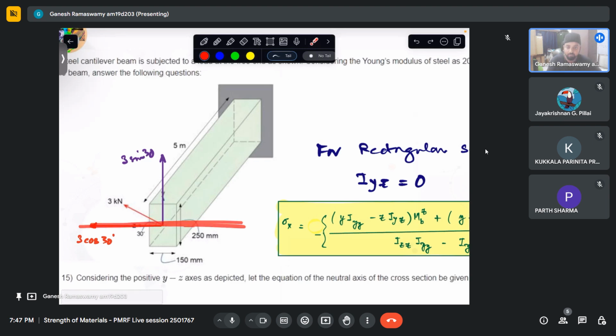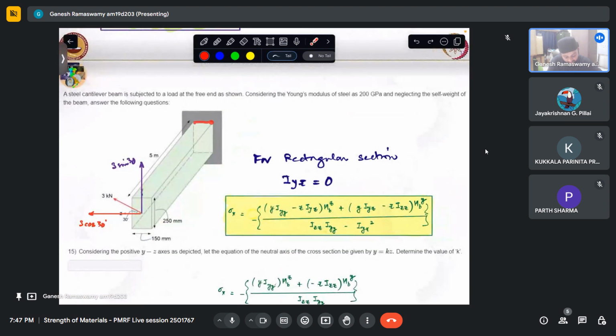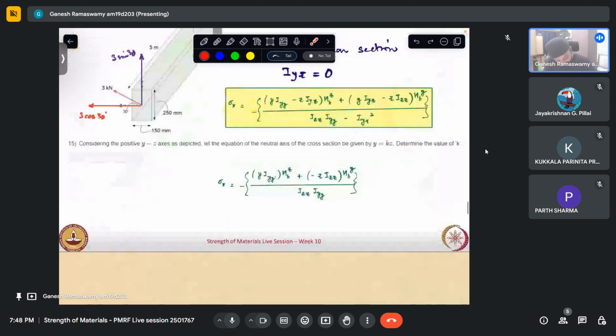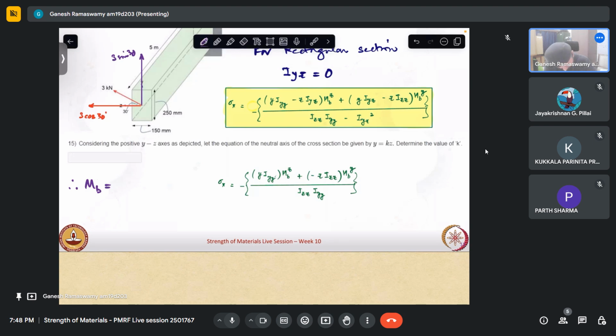So this will be about the z axis, and the maximum moment will naturally be at the fixed end. So what we need to do, this is the load at the free end, this is the length. So we just need to multiply this in order for us to arrive at the maximum moment at the fixed end. So therefore, the bending moment about the z direction is 3 sin 30 into 5, that is 15 sin 30 kilonewton meter.